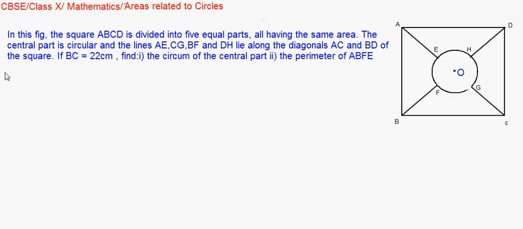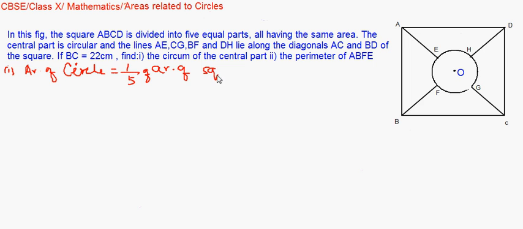I'm doing the first part first. All the areas have the same values. So the area of the circle will be 1/5 of the area of the square, because the square is divided into 5 equal parts.